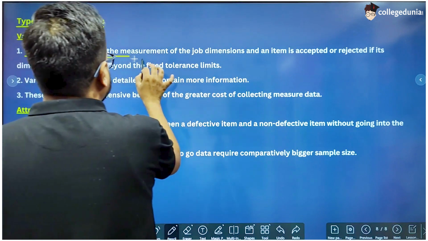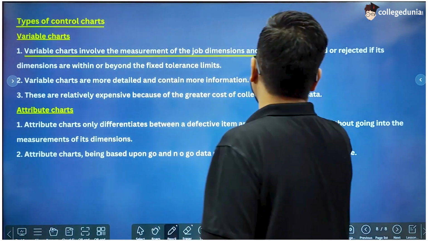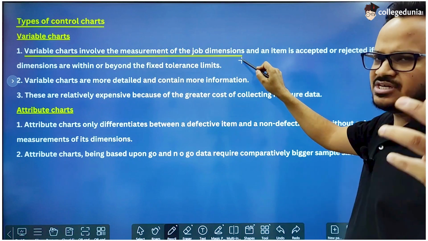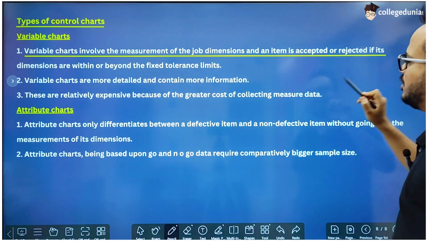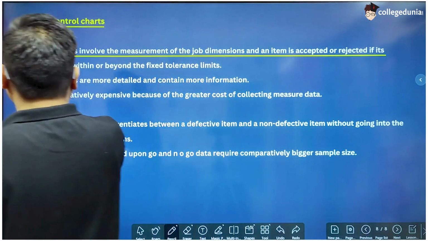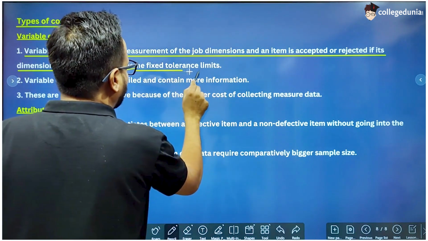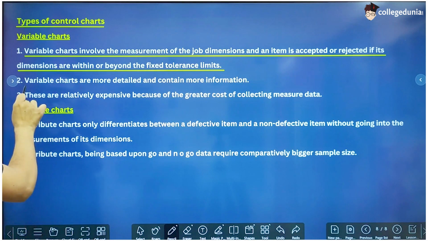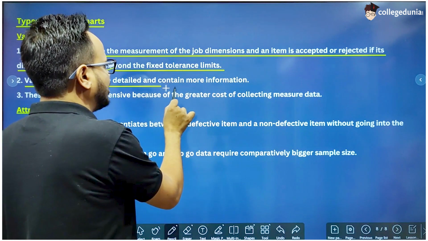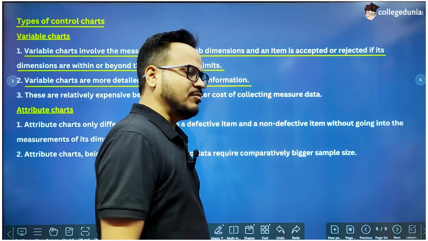So variable charts involve the measurement of the job dimensions. Job dimensions means the diameter, the length that we have discussed, and an item is accepted or rejected if its dimensions are within or beyond the fixed tolerance limits. Variable charts are more detailed and contain more information.